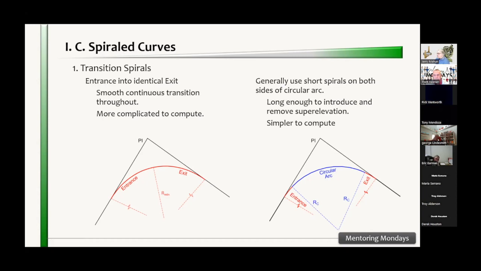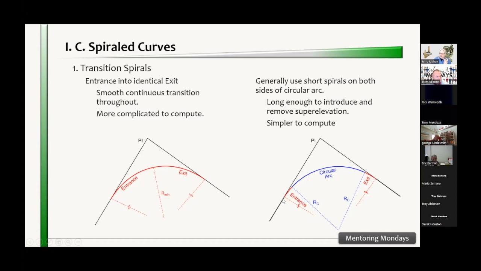Now we could use full spirals coming in and coming out. It's more complex to compute because they're longer and we're using more of the spirals, so we have to take into account the full geometry of a spiral curve. Or generally what we do is use a circular arc for the bulk of the curve, and we use a short transition spiral to introduce the super elevation coming into that curve, and then another exit spiral to take that out.